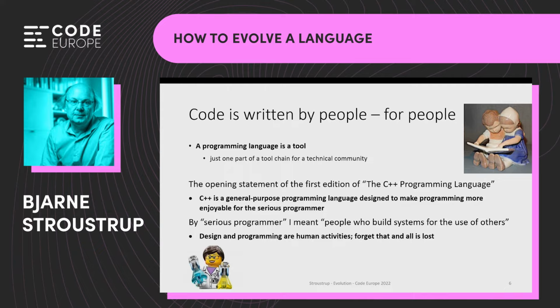One thing to remember with programming, and I find that it's very often lost when we discuss the technical details, is that we write code for people and we are people. So programming language is a tool for building things that are actually useful. Our end users don't care about programming languages or even computers.